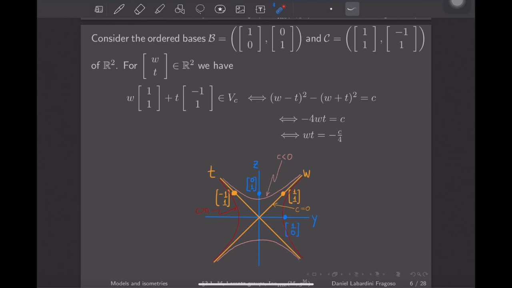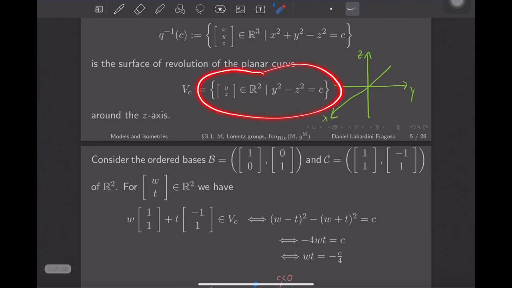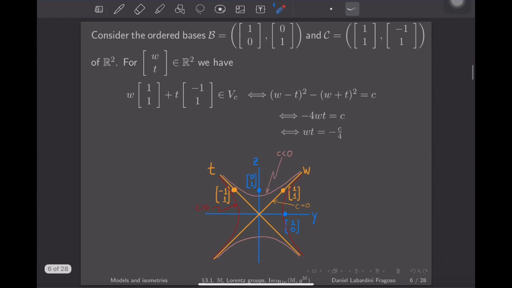Okay, so all in all, what I just did was draw these hyperbolas for the distinct values of C, by choosing the appropriate basis that allows me to really see that these are the correct pictures very easily. Right? That's all I did.